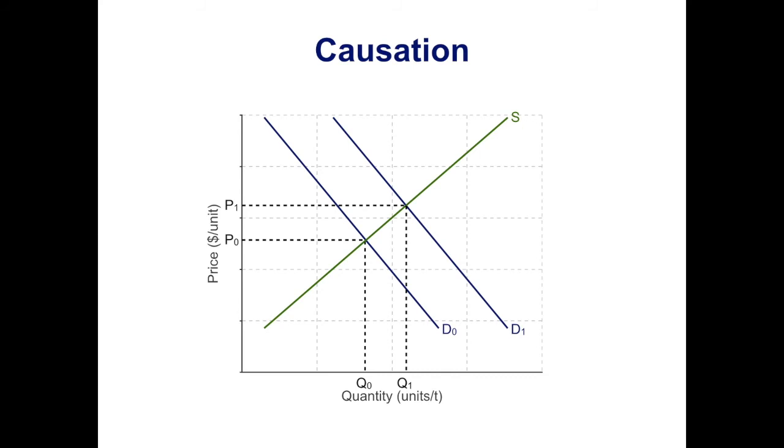The change in demand shows the entire demand curve shifting. The change in quantity, in this case quantity supplied, is a movement along the supply curve. Also pay attention to the order in which things occur.